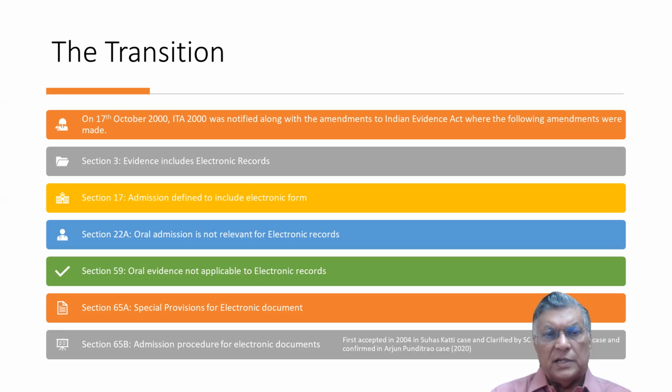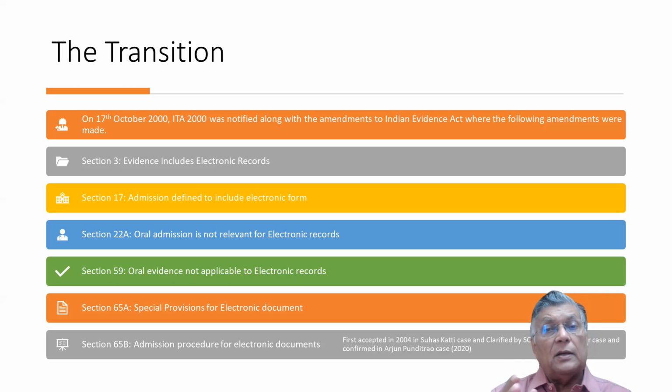After this series, 59, 60, 61, they were about how oral evidence can be presented, how documentary evidence is presented, like that. So under Section 59, it said oral evidence is not applicable to electronic records. And it went on to describe how documentary evidence can be presented as a primary document and in certain cases as a secondary document.